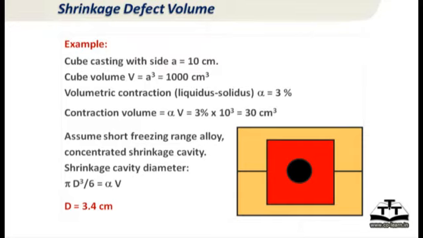Of course, in a real casting, you do not see a big hole like that, because you do not get to see all the shrinkage in one place. Part of the shrinkage will go as sink, part will go in some other place as porosity. So the 6% or 3% does distribute a little bit. This is in a short freezing range alloy. If it is a long freezing range alloy, it will distribute even more. Much more portion of the casting is porous.